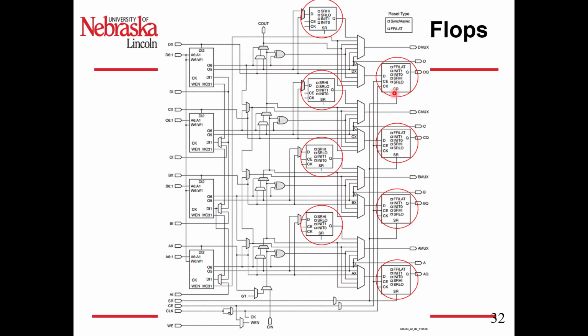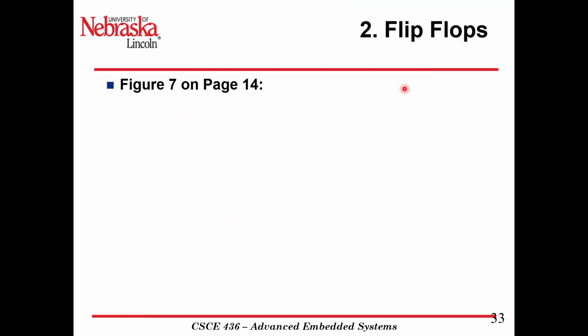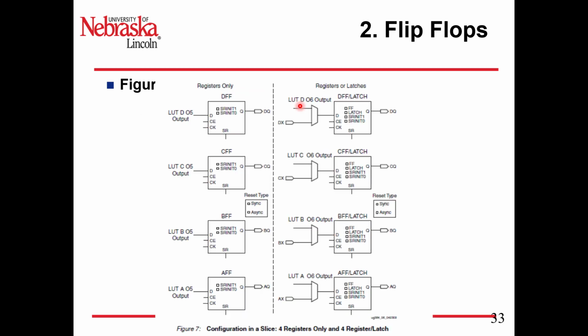Then you also have, for these, those D inputs come from these large MUXes that take many different inputs. On figure 7, page 14 of that manual, you can also see a little close-up of those inputs, typically LUT A through D, output 5.